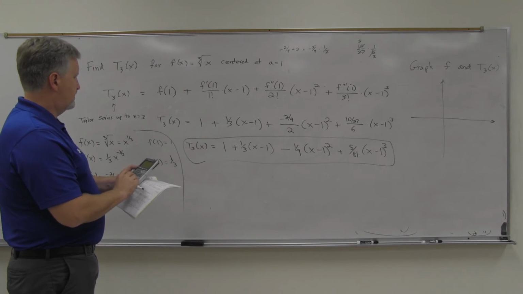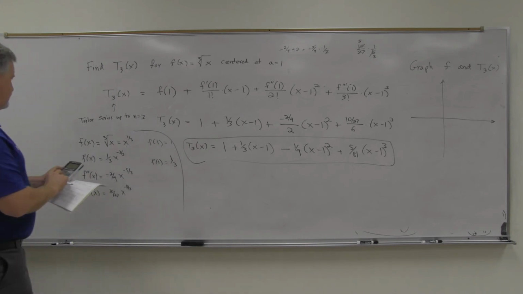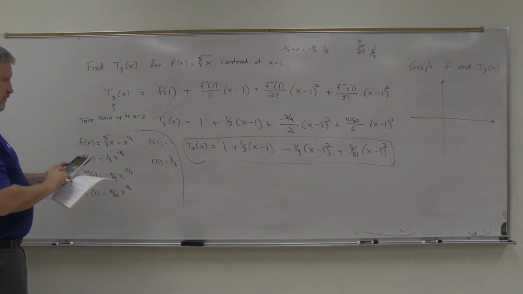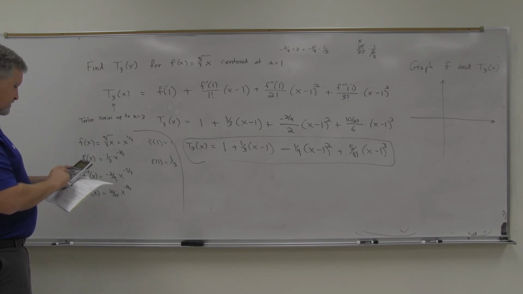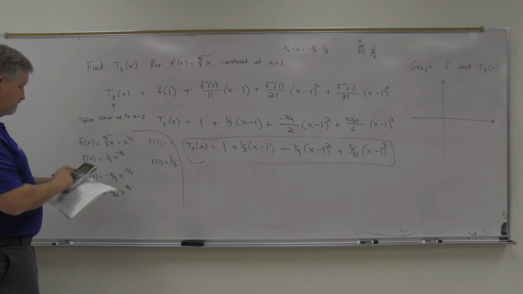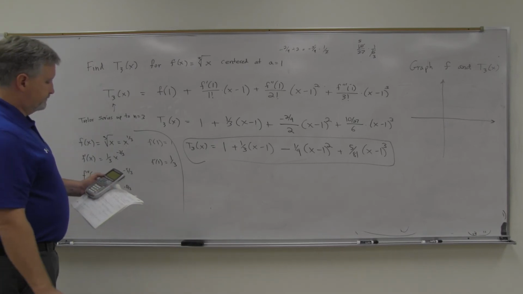So it'd be 1 plus 1/3 times x minus 1, minus 1/9 times x minus 1 squared, plus 5/81 times x minus 1 cubed. We graph those two.